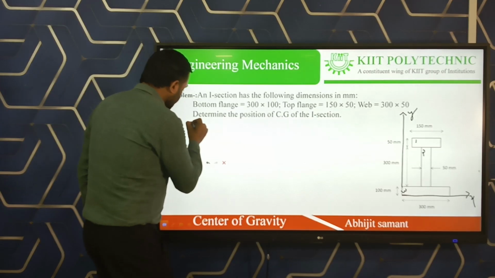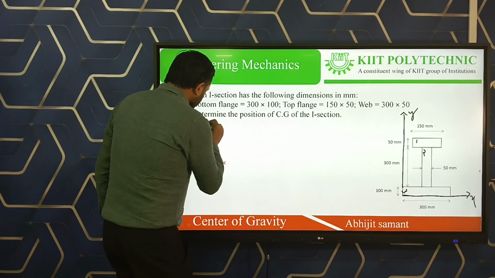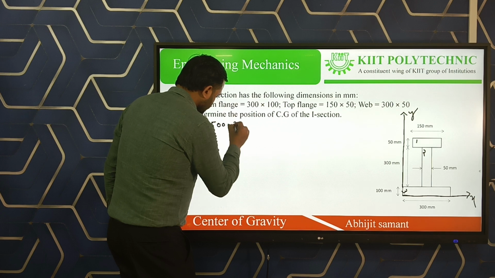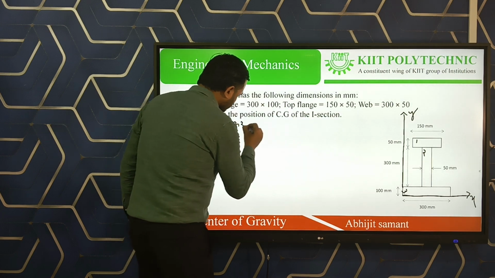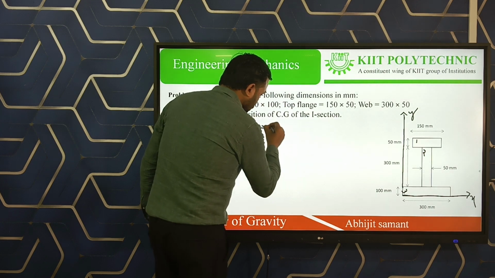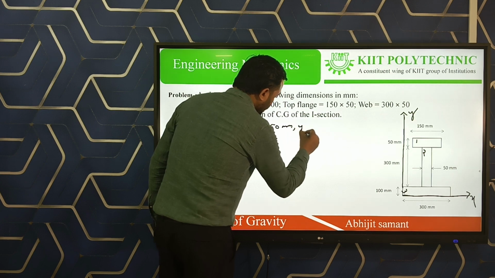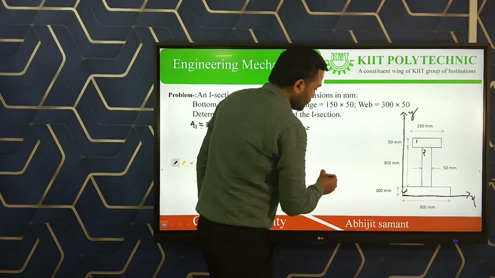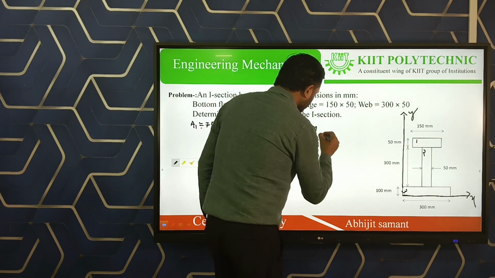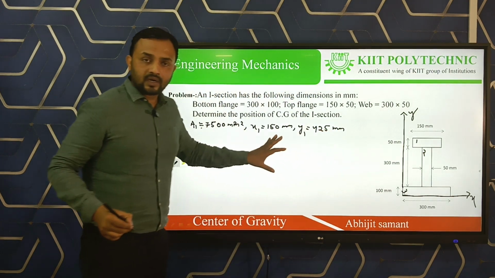So I will mention here: area equal to 7500 mm square, x1 equal to 150 mm, y1 equal to 425 mm. We have already defined how to find x1 and y1.